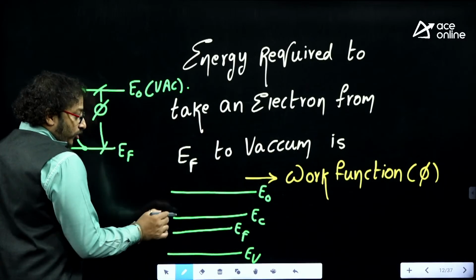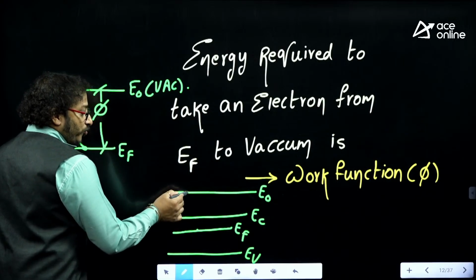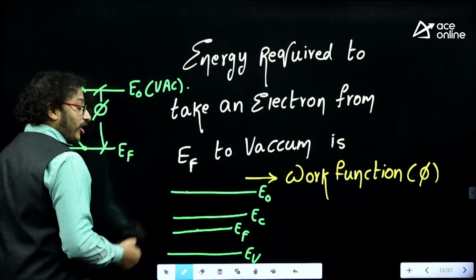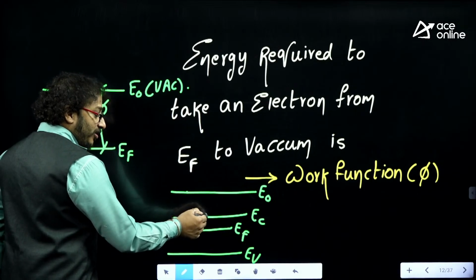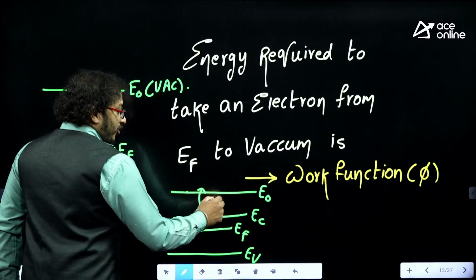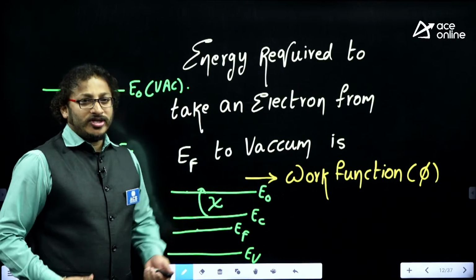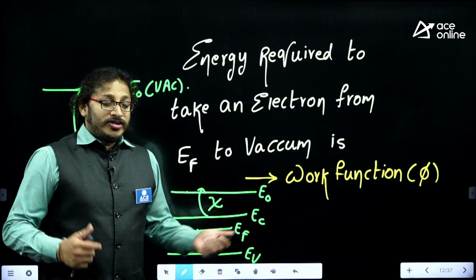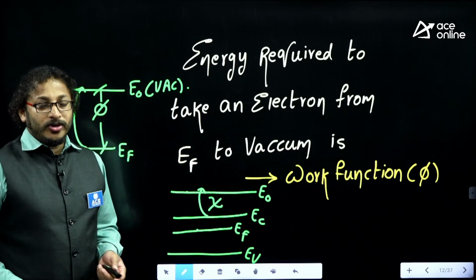So the amount of energy required to bring an electron from the Fermi level to the vacuum level is called work function. The amount of energy required to bring an electron from the EC level to the vacuum state is called electron affinity, denoted with chi. So electron affinity, work function. Of course, we studied this in 10th, 11th and 12th classes, I understand. Please try to recollect this, very important.